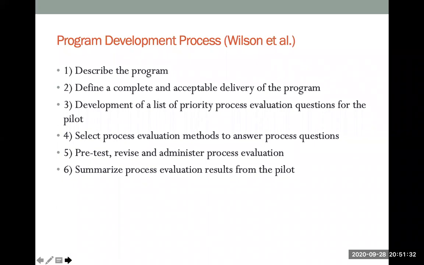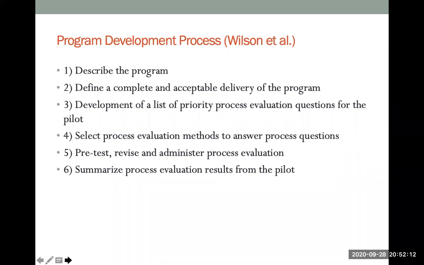The discussions they had were focused on the theory constructs, what they really meant, but also what it meant in terms of the training that they would provide for staff so that they would be able to implement the program as intended, which is a very important phase when you think about it in formative evaluation. Because the next layer, which was step 3, is for them to begin to develop a list of priority process evaluation questions for this pilot.